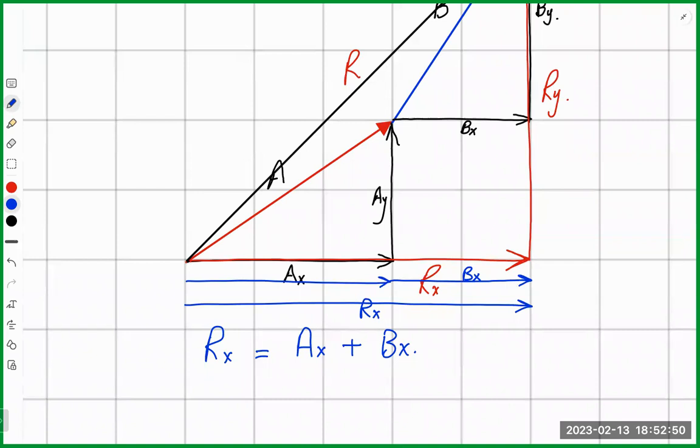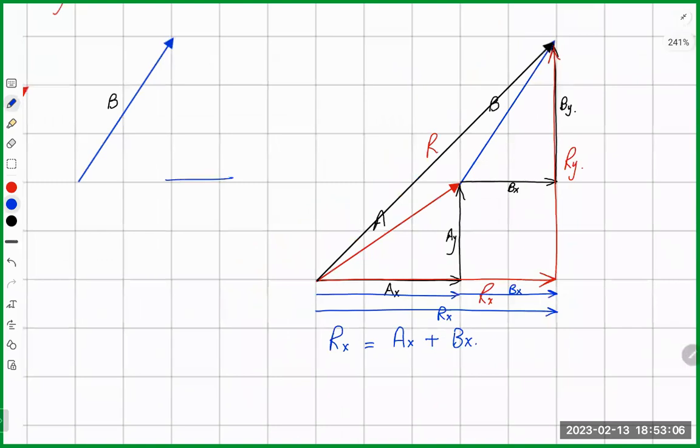And one more thing, although in vectors directions are very important, when we are dealing with vectors that are in the same direction or in an exact opposite direction, we can simply add and subtract them like scalars. If two vectors are in the same direction, 3 and 2, then we don't bother about their direction. The resultant will be 5. If vectors are in the same direction, we can add them like scalars.